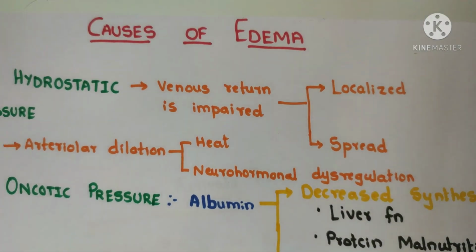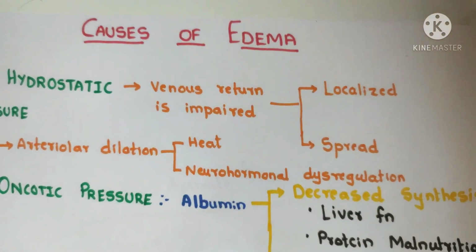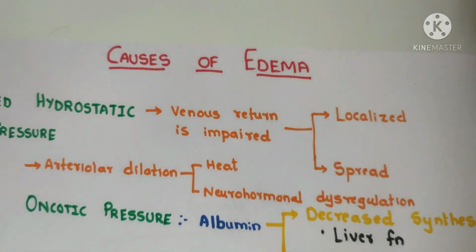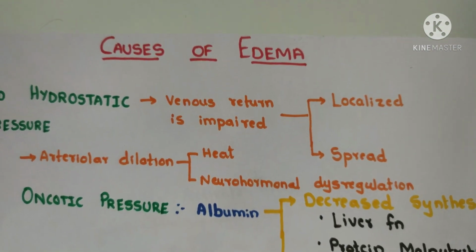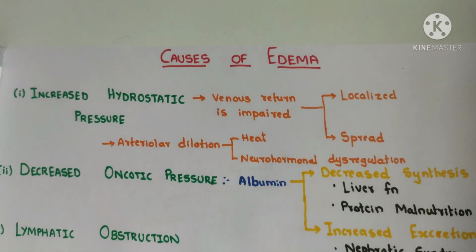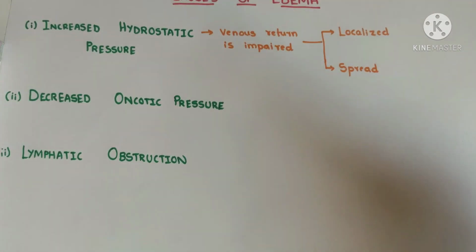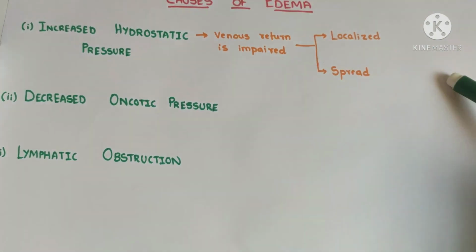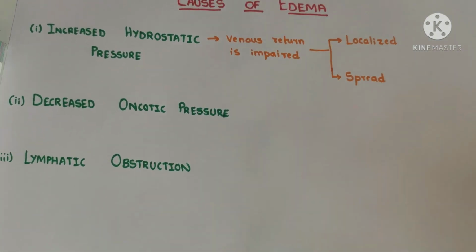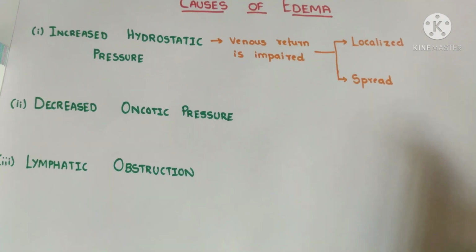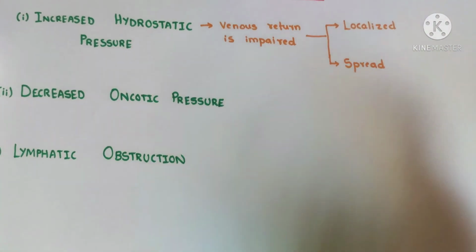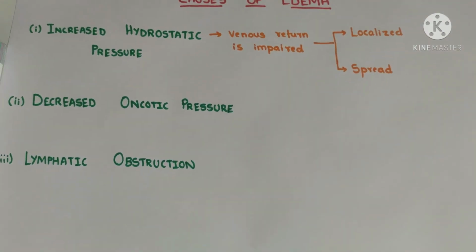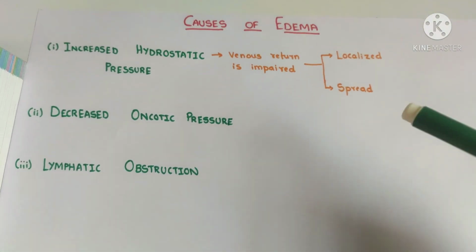Another reason is if there is compression of a vein due to a large external mass, then it will impair venous return and cause increased hydrostatic pressure. But what will happen when there is cardiac failure? There will be stasis of blood in all the veins. Hence, there will be edema at many places of our body. So, it is generalized and spread.